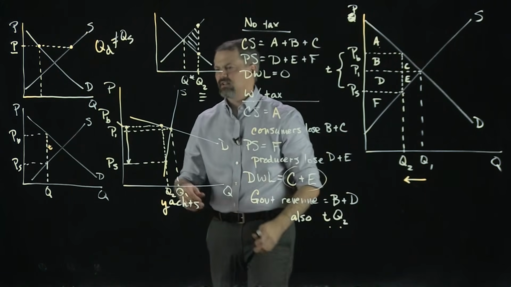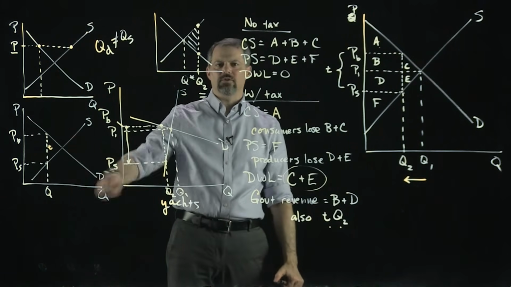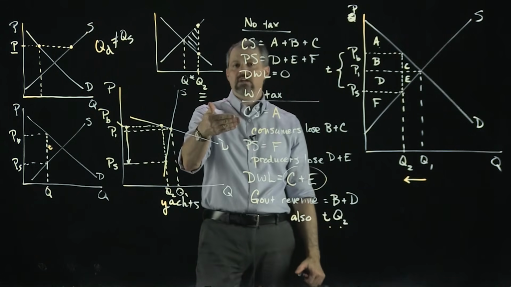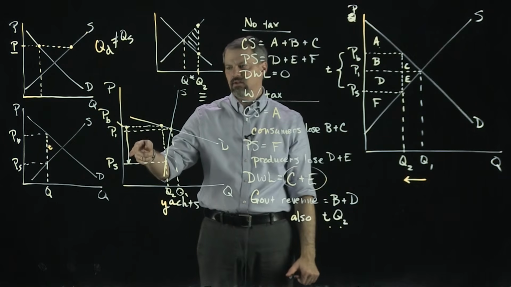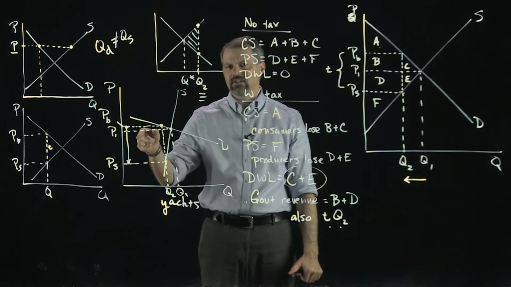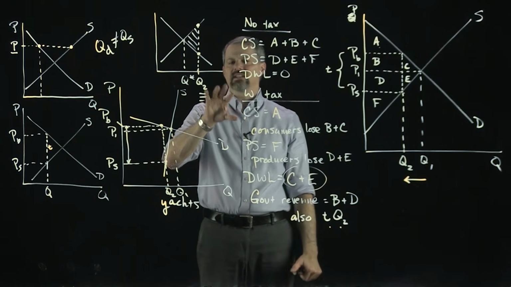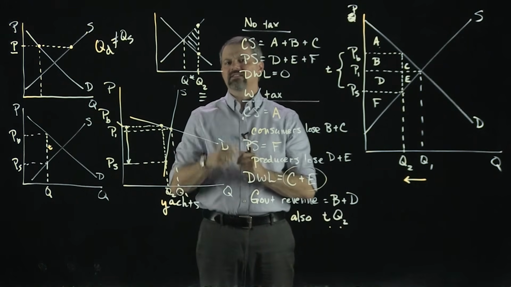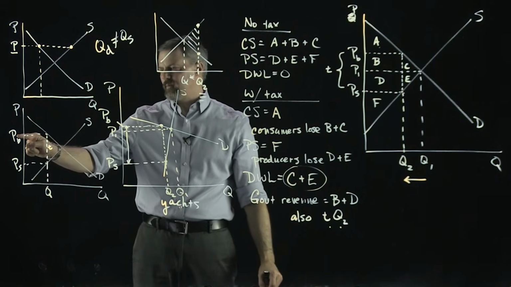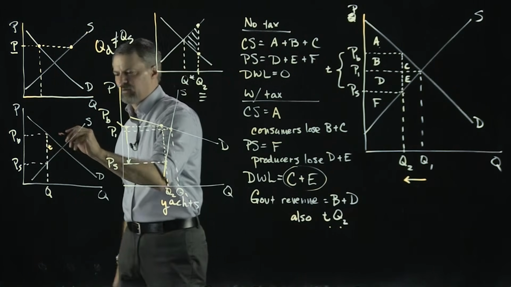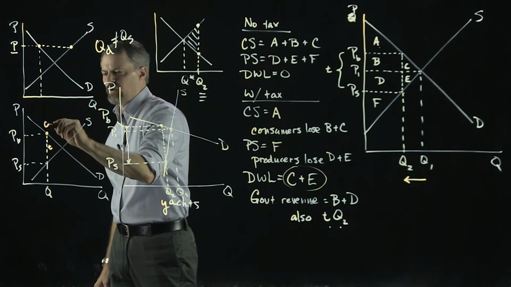But notice that a tax does not create a surplus or shortage. If we look at where quantity demanded is and where quantity supplied is on that picture, we'll see that they are equal to each other. Now here's the interesting thing. They show up at different places on the picture. If we wanted to find quantity demanded, we would go over from the buyer's price to the demand curve, and we would hit it right there. There's quantity demanded.